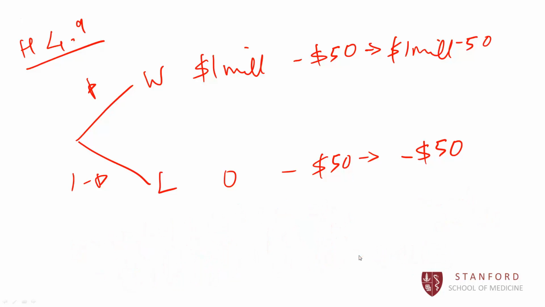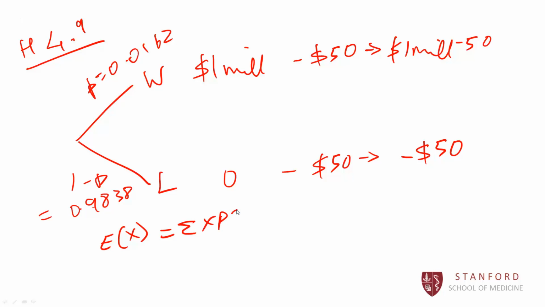Now we can use the value of P that we found, which was 0.0162, to find the expected value of this game. We know that P is 0.0162, so 1 minus P is 0.9838. The expected value can be found using the expression for the expected value of a discrete distribution, which is the summation of x times P of x.